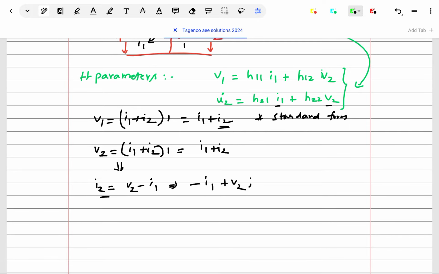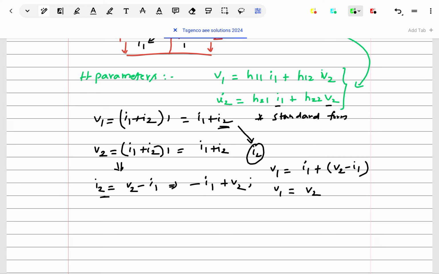Similarly, I want to get the other equation. By substituting this I2 into this equation, what will you get? V1 is equal to I1 plus, instead of I2, V2 minus I1. So this implies V1 will be equal to V2.